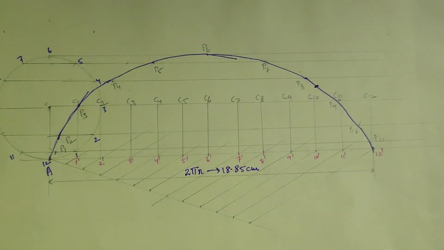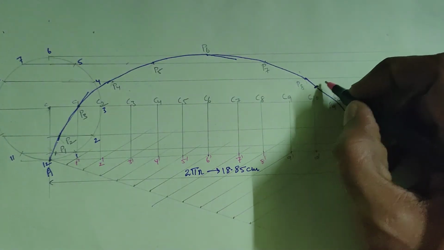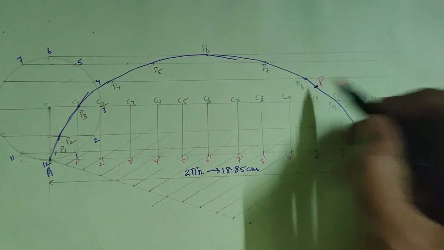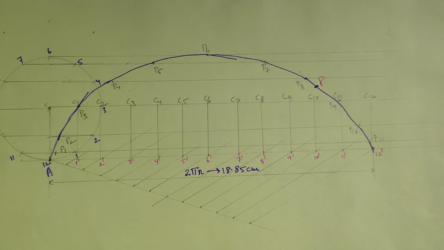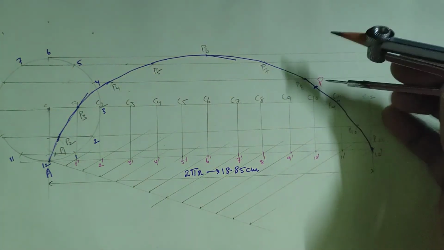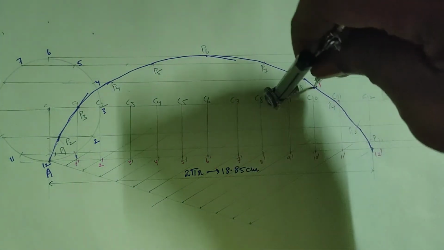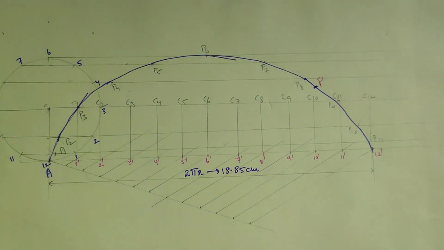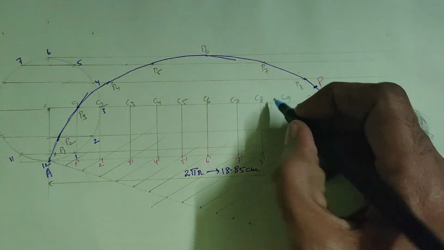Let us consider this point as some P. At this point we have to draw the normal. What we have to do is, first with the same radius, that is the radius with which we have constructed the circle, we have to cut the center line and name that point as some Q.